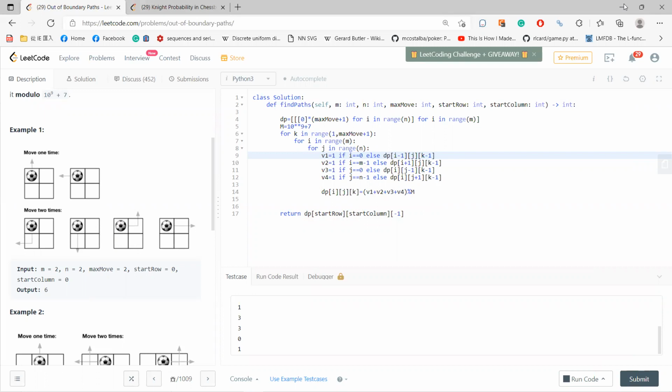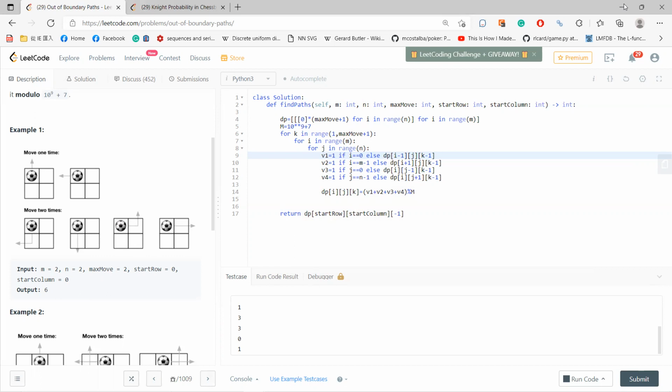Otherwise, if you can go right, you should call DP[i+1][j][k-1]. The same thing applies if j is 0: you cannot go up, so set it to 1, otherwise you can call j minus 1 and go up. And if j is at the last row, you cannot go down, so you should use 1. Otherwise you can call j plus 1.